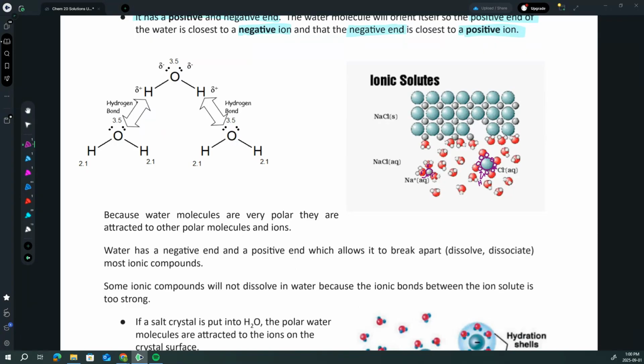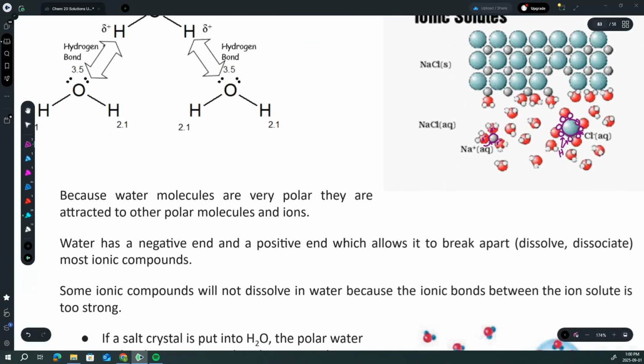So polar dissolves polar, non-polar is going to dissolve other non-polar substances. But that's what this is referring to. Water molecules are polar, so they're going to help to dissolve other polar molecules as well as ionic substances which are soluble in water.